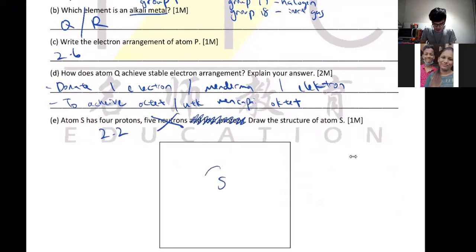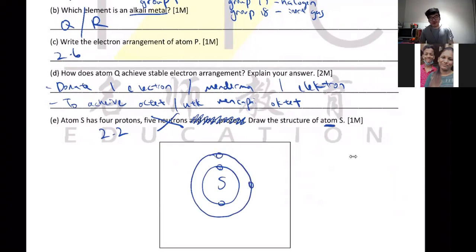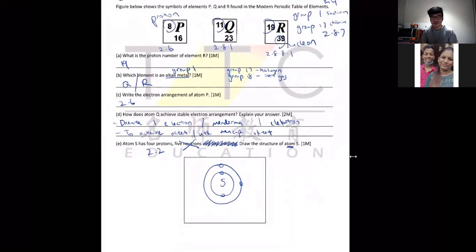That means S is like this, 2, 2. They want atom, right? There's no ion here, so we don't care about ion. So 2 electrons at the outside. Easy peasy. This chapter really is nothing difficult. It's all repetitive questions.